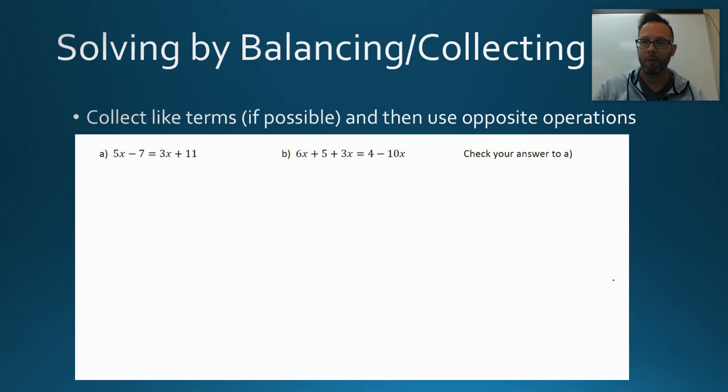So for example, if you look at A, not only do we have a constant term on both sides of the equation, we now have an x term on both sides of the equation. But it's not so bad. What we're going to do is collect all the x terms on one side of the equation and collect all the constant terms on another side and proceed as normal. So how does that work?